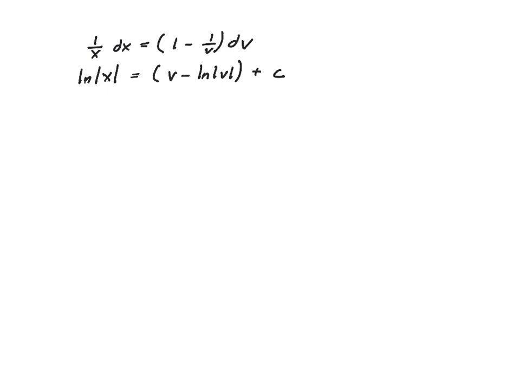And now you have this equation, but you recall that v is just equal to y over x. If I plug that in there, I'm also going to assume, and this happens sometimes in homework problems in a class like this, that everything is nice. So I'm going to assume that y over x is greater than 0, y is greater than 0, and x is greater than 0.